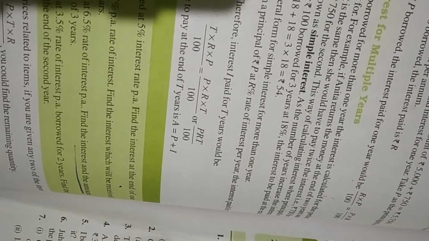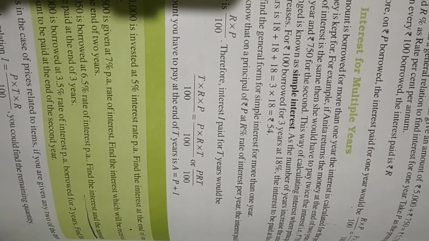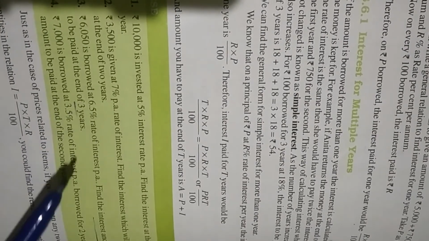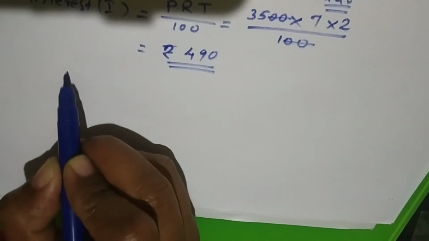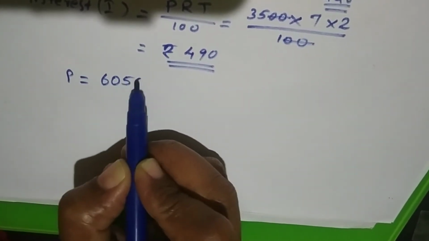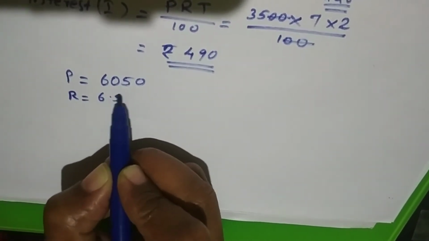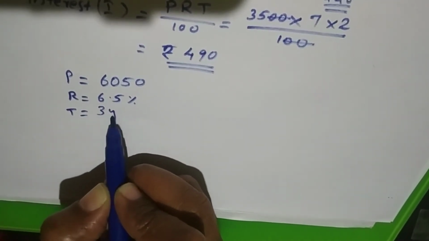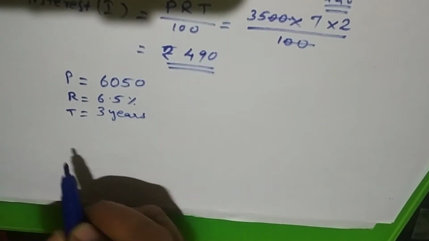Here the principal is equal to 6,050 and rate is given, that is 6.5%. Then time is equal to 3 years. Here we have to find both interest and amount after 3 years.